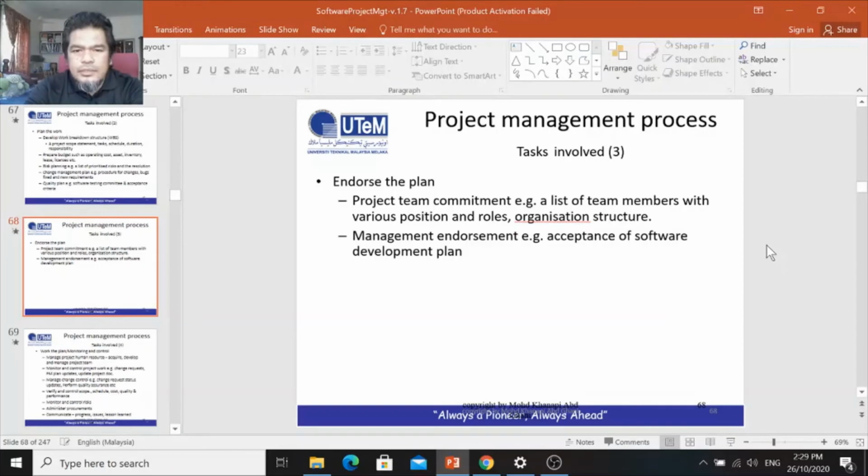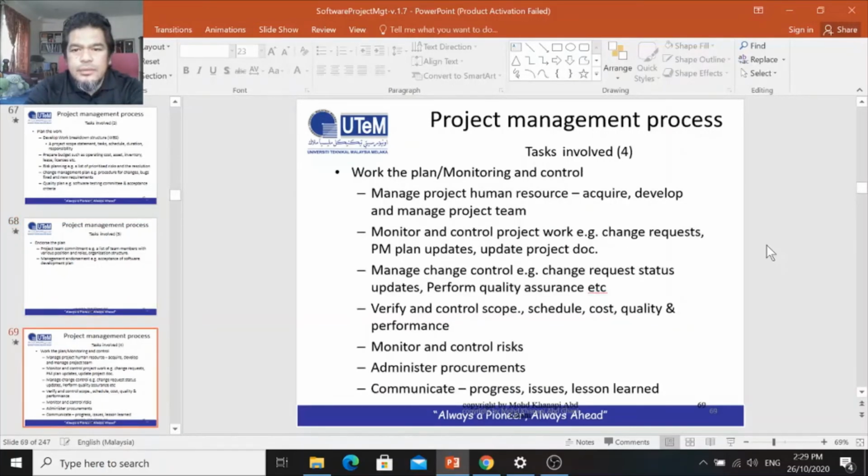Then after endorsing the plan, number four is you need to work the plan, you execute the plan, and while executing the plan, you need to monitor and control the activity. You need to monitor your staff, and monitor the tasks that are executed during this time.